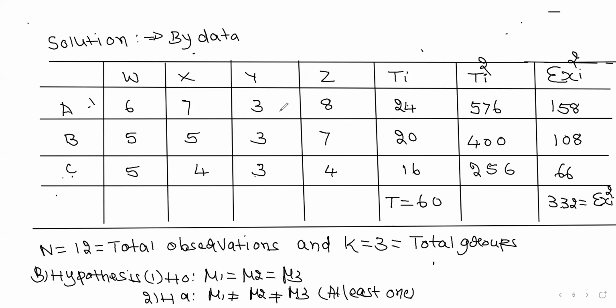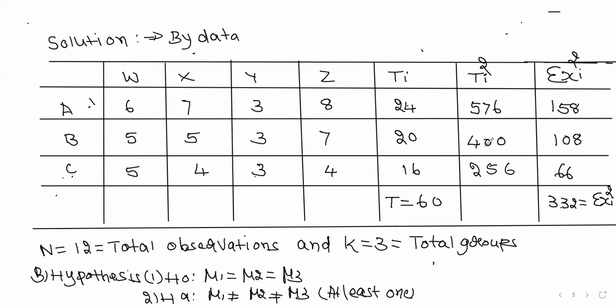So 576 divided by 4, and similarly, next plus 400 divided by 4 values. Sometimes it may be 2 or 3 values. If 2 values are there, you take only 2. Here 4 values are there. Sometimes it may be the sum of 3 values, 2 values, or only 1 value.